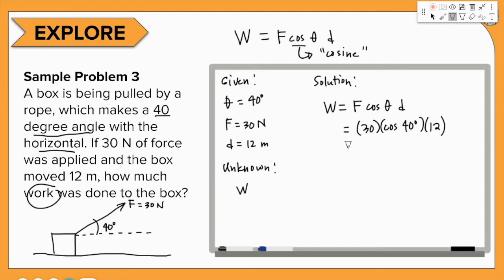Okay, so on my calculator, I will just click in 30 times, then I look for the cosine button in the calculator.